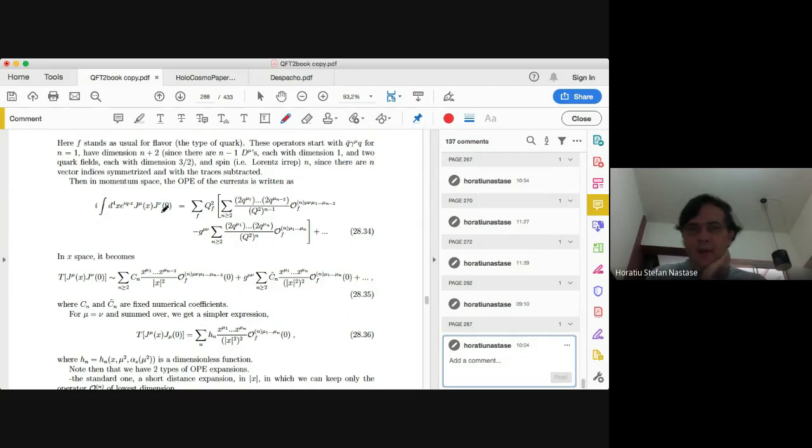So I have to add something of dimension 2, which is the capital Q squared, which is minus little q squared, for the quarks, in order to obtain this dimension. But then I have to cancel this dimension n plus 2 of the operators. And I also have to cancel the Lorentz indices.